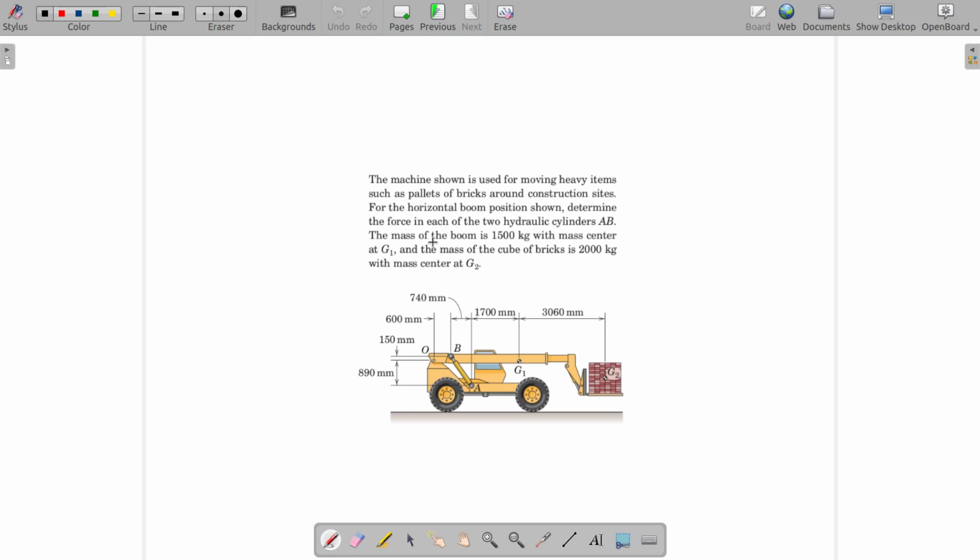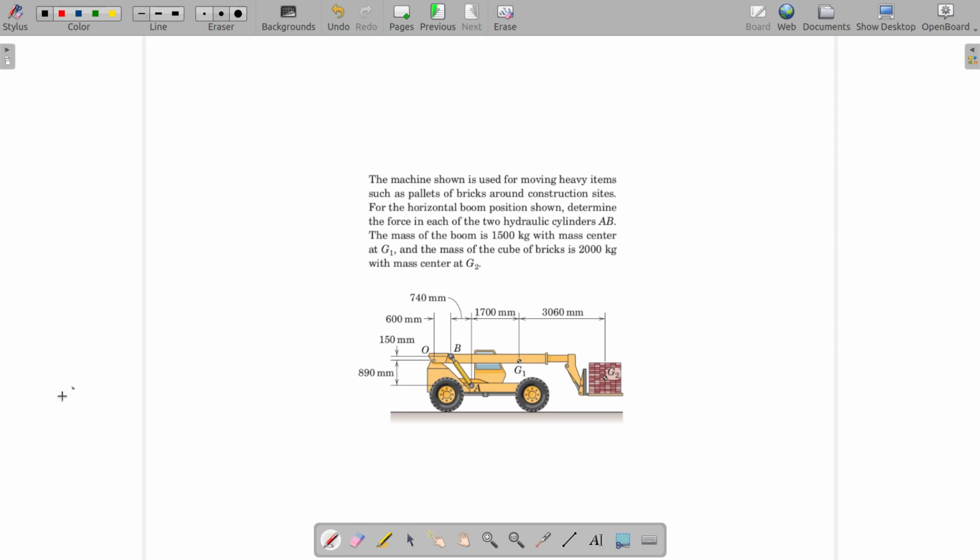And let's try to draw the free body diagram of the horizontal arm here. So first let's draw the points here.